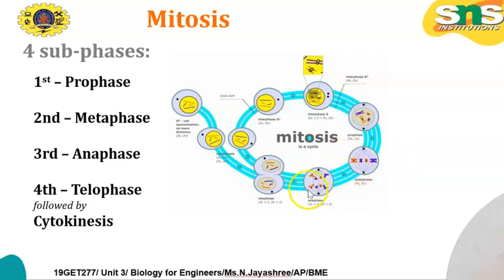In anaphase, the daughter cells begin to form, and finally in telophase the parent cell divides into two cells. At cytokinesis, finally the two daughter cells are formed. This graphical representation contains all the stages of mitosis.